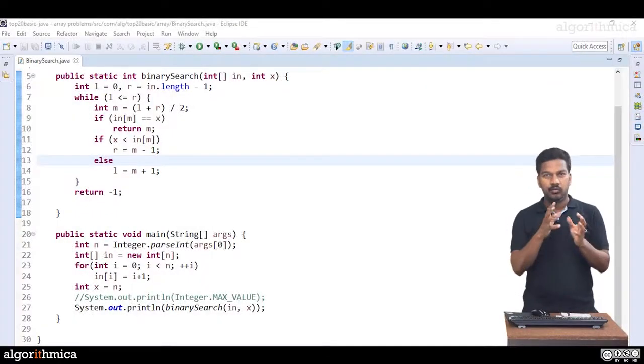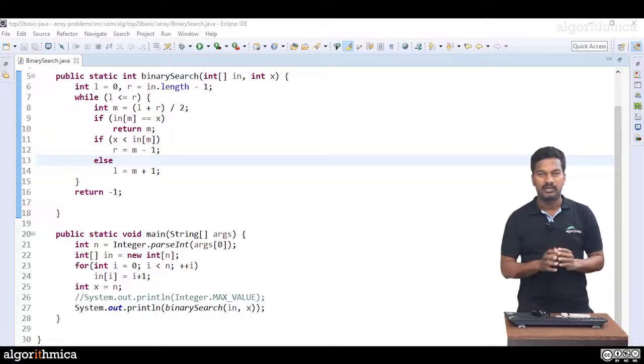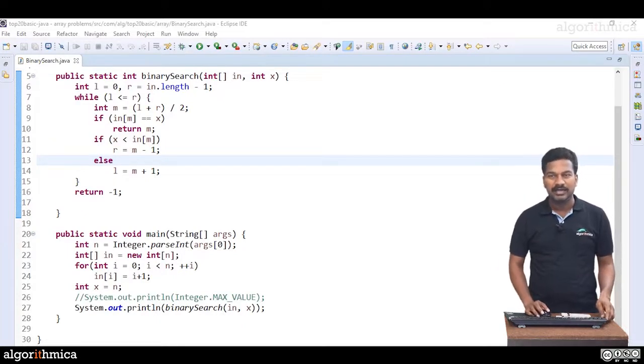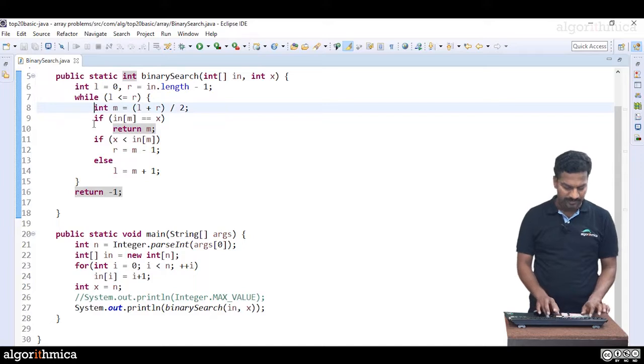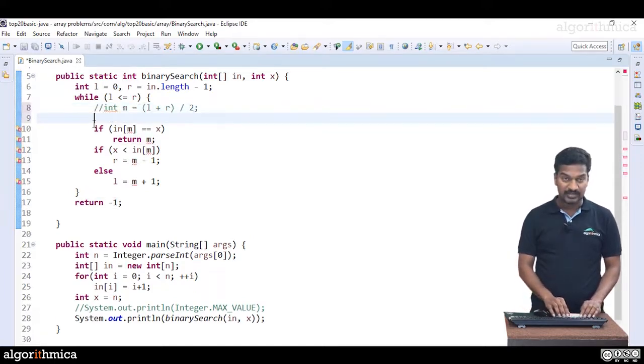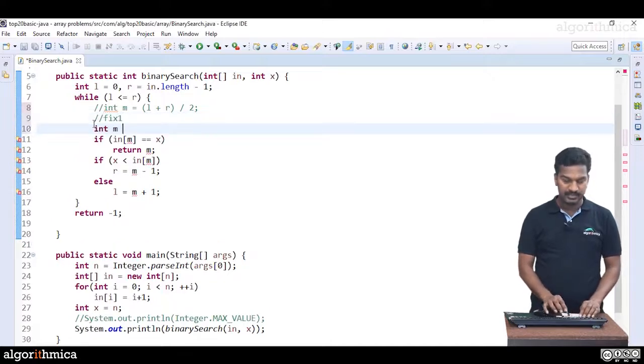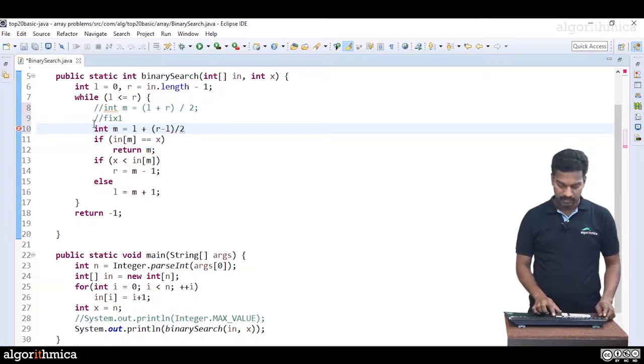So you have seen the reasons and the possible fixes. Let me see in practice whether this fix solves the problem or not. Let me try fix one, commenting it out here. So integer m is equivalent to L plus R minus L, divided by 2.